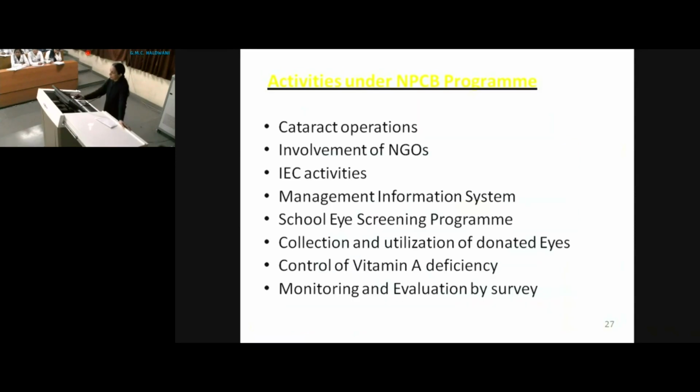What are the activities which have to be covered under this program? Cataract operation, involvement of NGO, IEC activity, information, education, communication, management information system, MIS, school eye screening program, collection and utilization of donated eyes, control of vitamin A deficiency, monitoring and evaluation by conducting regular periodic surveys.